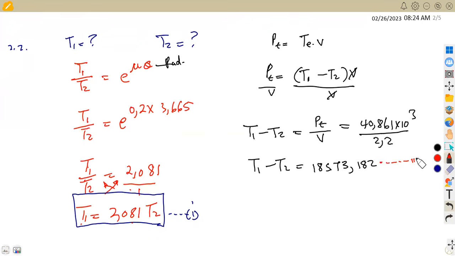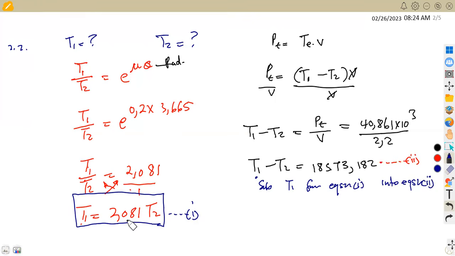Let me write, this is our equation 2. From equation 1, T1 is already the subject, which is equivalent to 2.081 T2. So in place of T1 in equation 2, we can substitute T1 from equation 1 into equation 2.